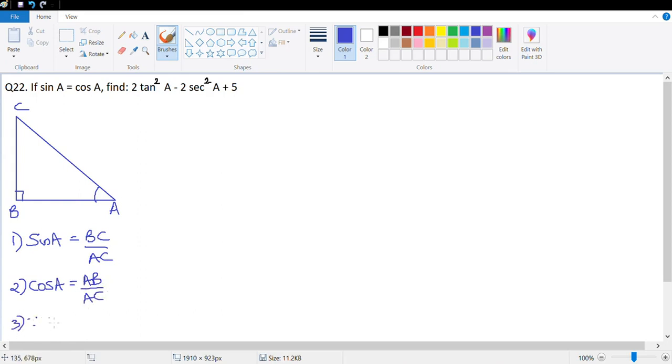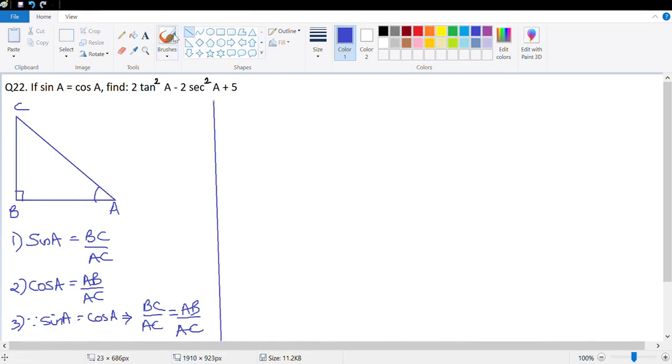Now since sin A is equal to cos A, what it means is BC upon AC is equal to AB upon AC. So AC and AC get cancelled. What we have is AB is equal to BC. So AB and BC are equal.